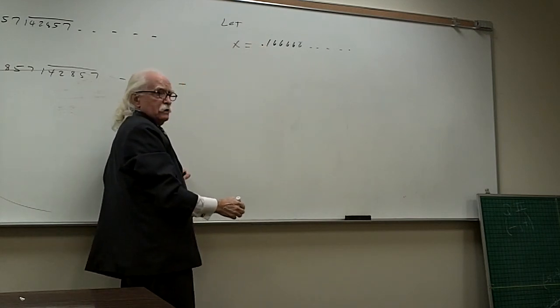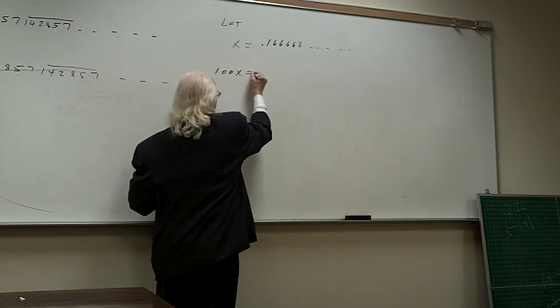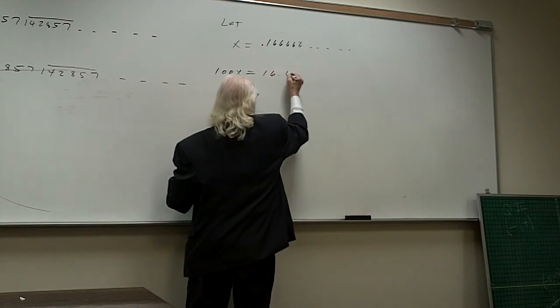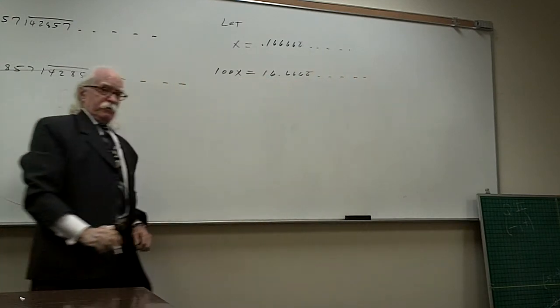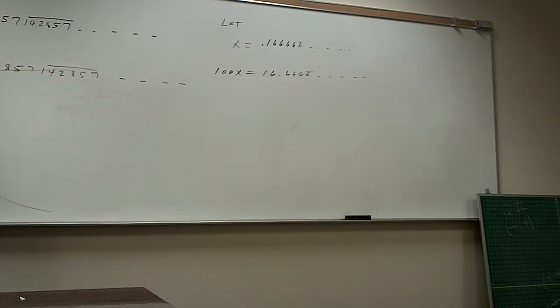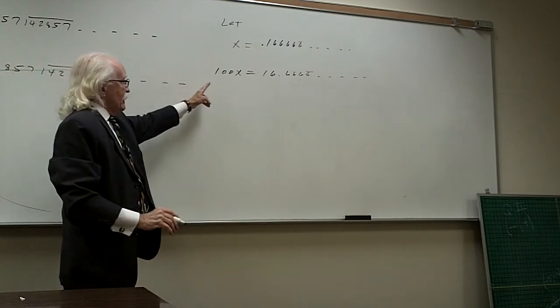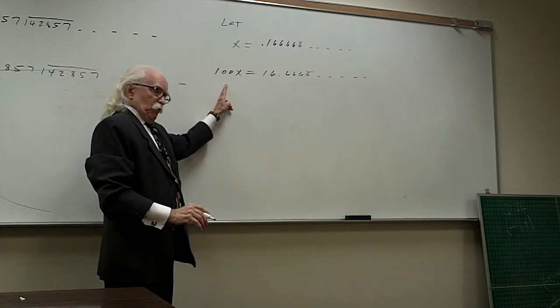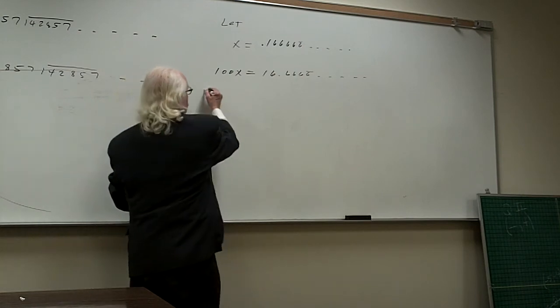You ready? Multiply both sides by 100. Why 100? Because you must always put the decimal between the repeaters where the repeaters start. So it requires a 100th place over. Now I want you to subtract not a 1x from both sides, but a 10x to make the arithmetic a lot easier.